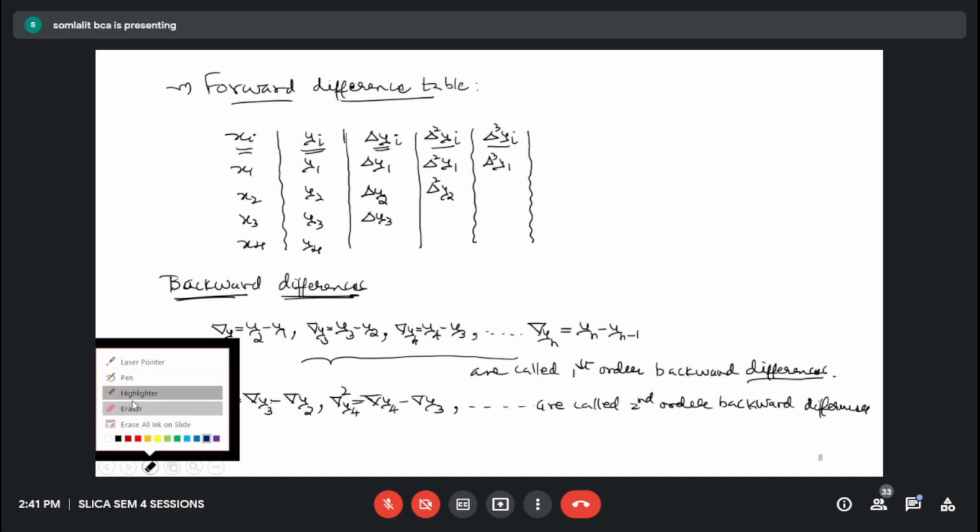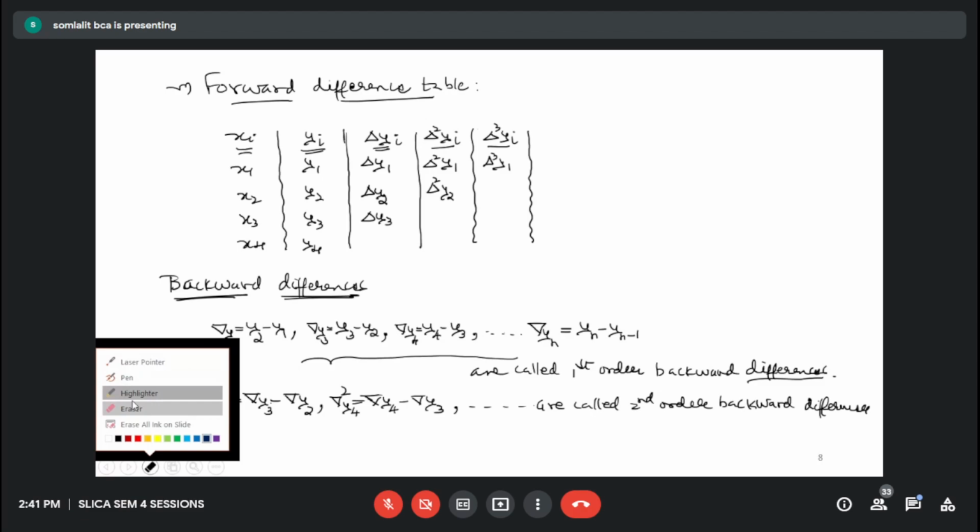Okay. Now one more finite difference which we want to write here is known as divided differences. Here both the values are involved.